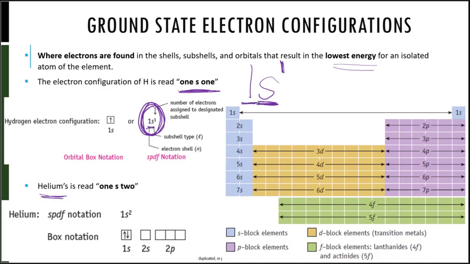That's it. Helium, we know, is right here. It has 2 electrons in the first shell in the s subshell. We would write it like this: 2 electrons in the first energy level in the s. We would read it as 1s2. There are 2 electrons in the s subshell in the first energy level.